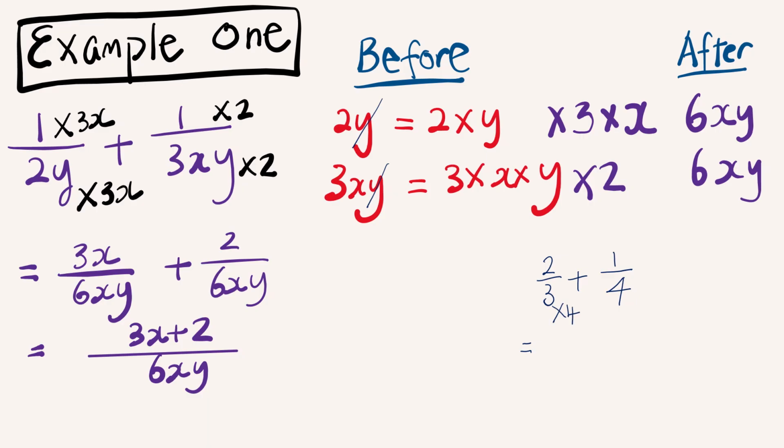So you just multiply this with the 4 and this with the 3. And now I can add the numerator. Right, so whatever you've learned earlier on still holds, just that now we are extending it to solving algebraic fractions.